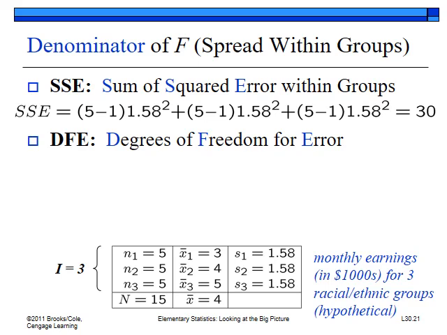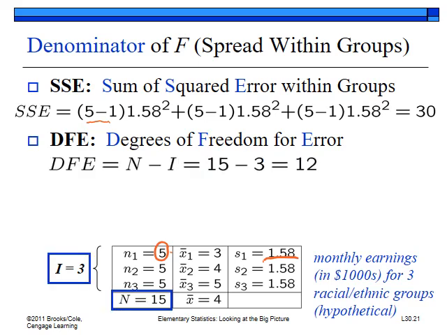For each group, we take one less than the size of the sample, so that's the 5 minus 1. Remember, there are 5 individuals in group 1. So we'll subtract 1 from that, and we'll multiply it by the sample standard deviation squared. We do that for each group, and we get 30.